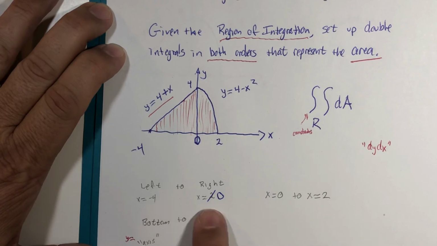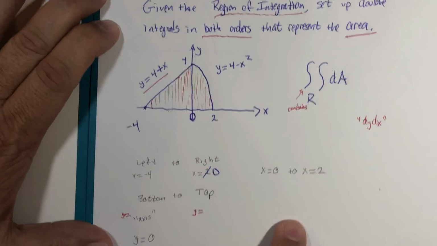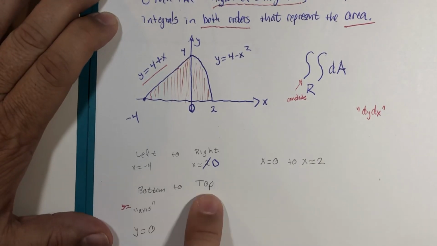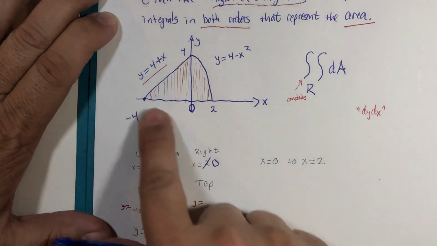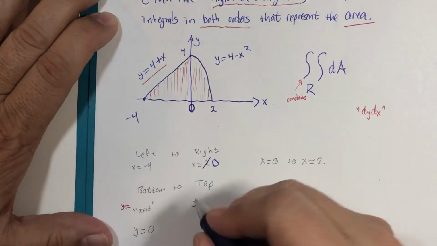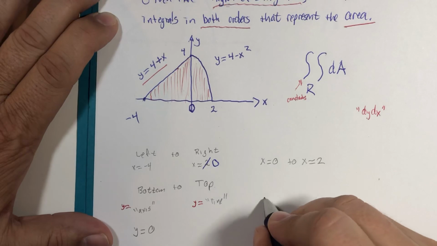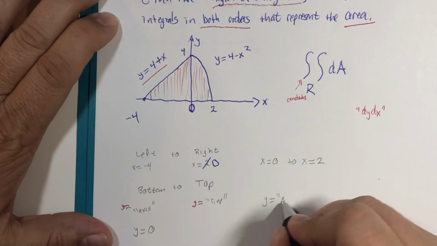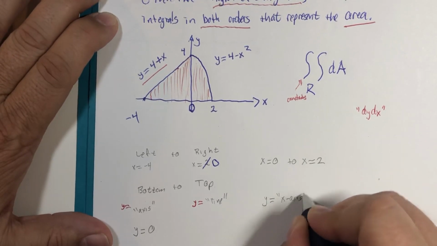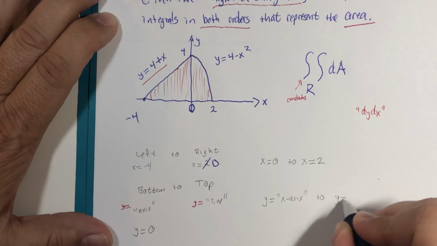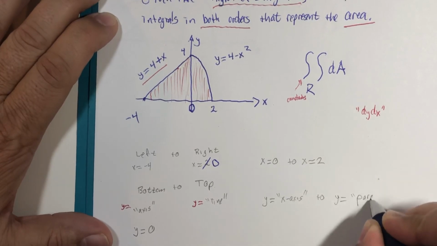So I have to separate these from -4 to 0 and from 0 to 2. The bottom to top boundaries are going to go from the x-axis to the line, and then from y equals the x-axis to y equals the parabola.